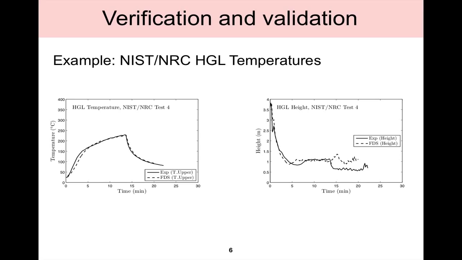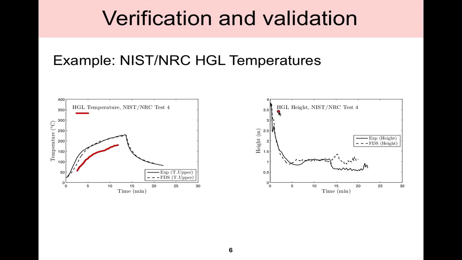And shown here is a typical plot from the validation guide where we have hot gas layer temperatures from a specific test, and we have two different curves shown here. Typically the solid line is from the experiment and the dashed line is from FDS.